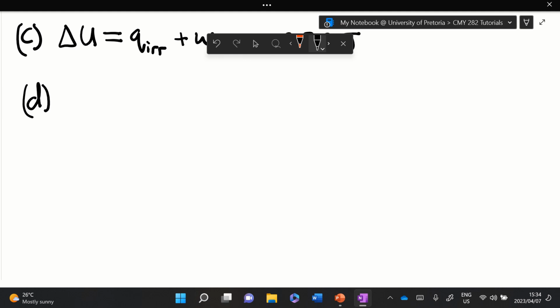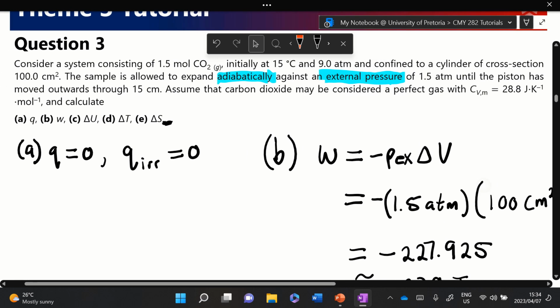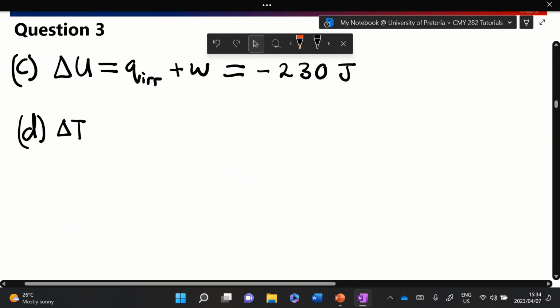So now in D, we're asked to calculate the change in the temperature. There's probably a few ways that you can do this, but the way that internal change in temperature is defined is useful here.